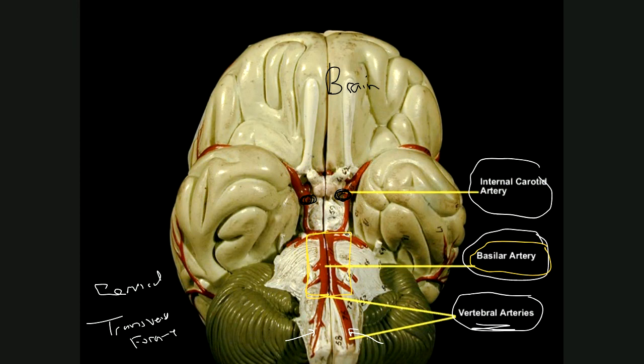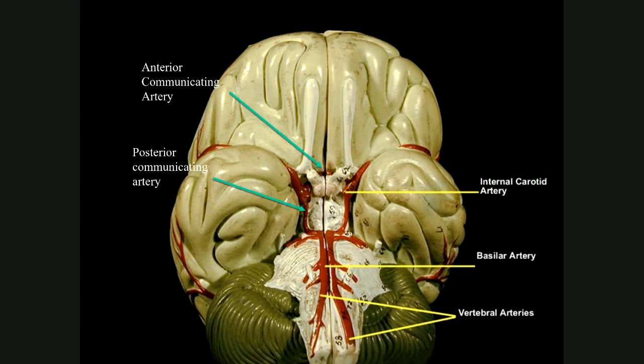So let's look at those. So look, these are those arteries right here. There's our basilar. There's our internal carotid. But look at branches. There's a branch right there. There's a branch right there that goes like this. And there's the other side here.